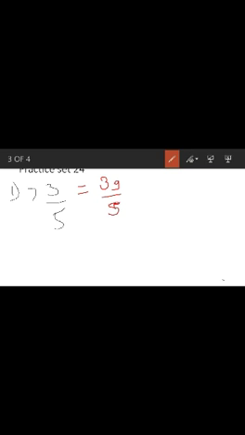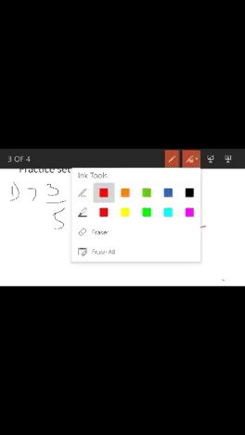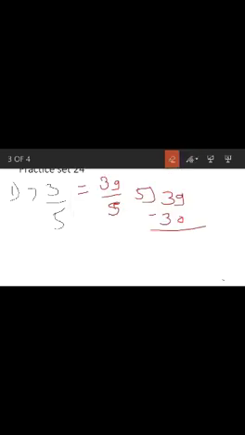We'll simply divide it. 39 divided by 5. 5 6s are 30, or 5 7s are 35 also we can write, no problem.